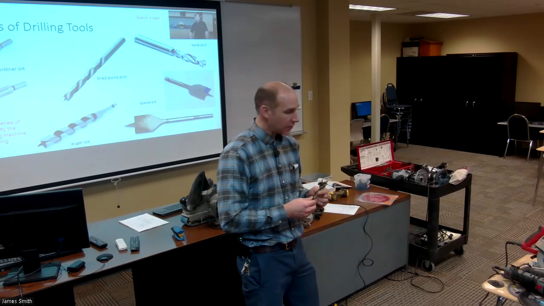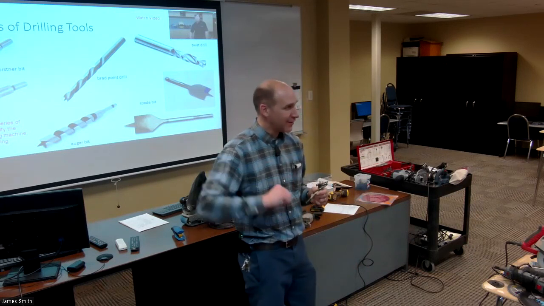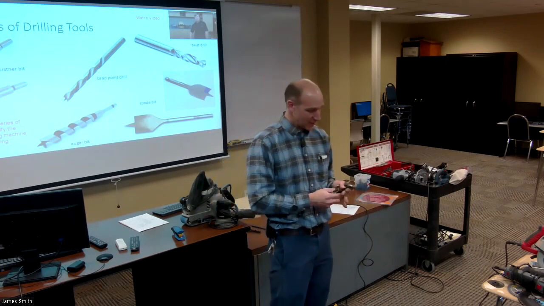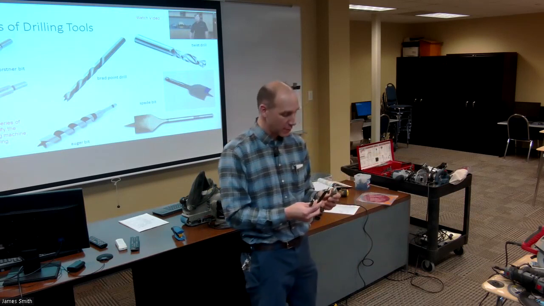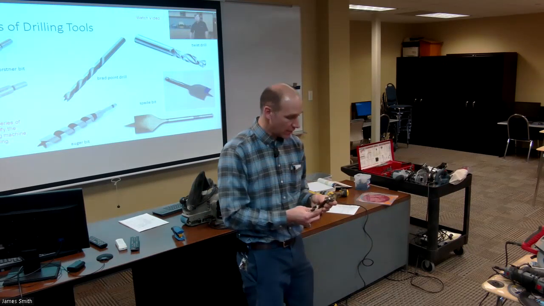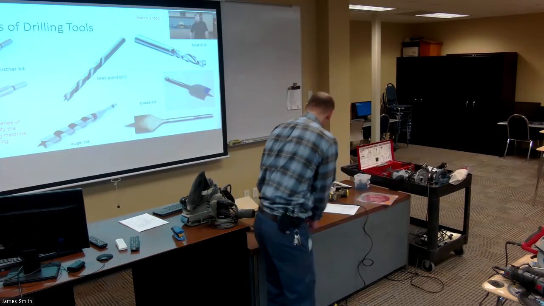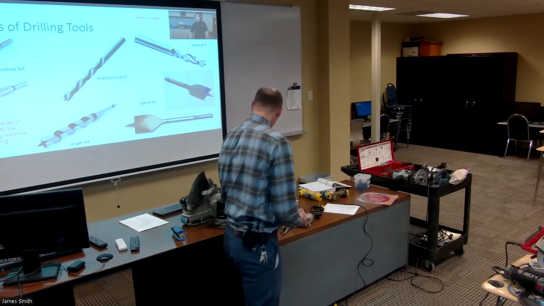If you're not careful and you're using a high-speed drill, it can hurt your wrists really quickly. But I use these a lot when I'm boring holes for plumbing or electrical purposes, running pipe or wire through the wall. You guys come up and check out some of the stuff at your leisure after we're done here.